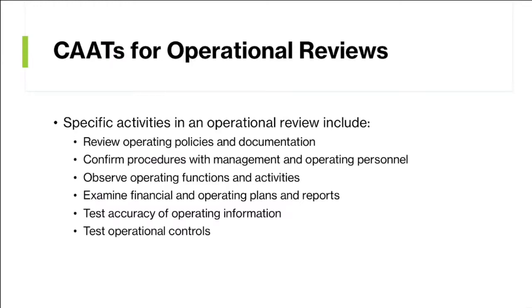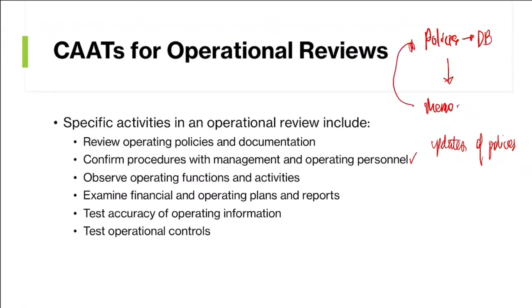CATs for operational reviews. Specific activities in an operational review include reviewing operating policies and documentation, and confirming procedures with management and operating personnel. Sometimes there are updates to policies and procedures. For example, there are policies and procedures for the database, but then there was just a memo, and the repository itself was not updated.